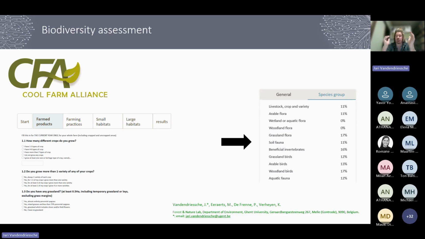It's quite hard to interpret, but actually 100% is the maximum you can reach for a specific biodiversity group, and it assesses how effective your implementations are towards different groups.